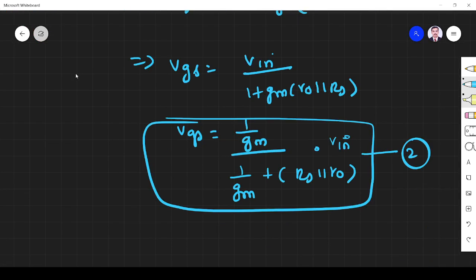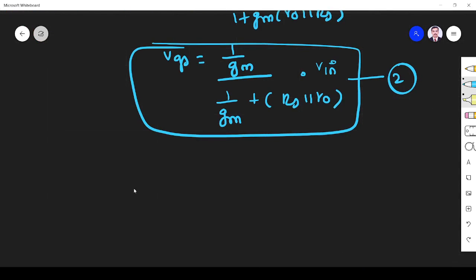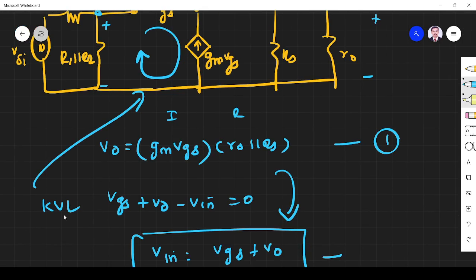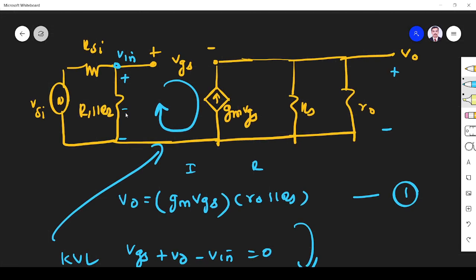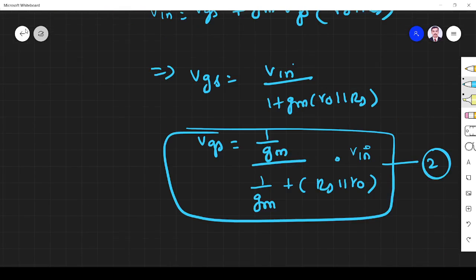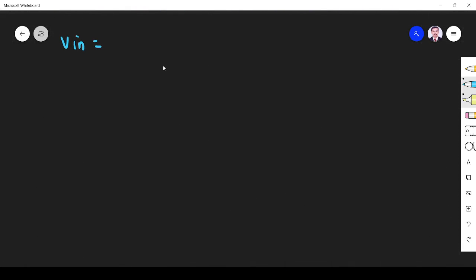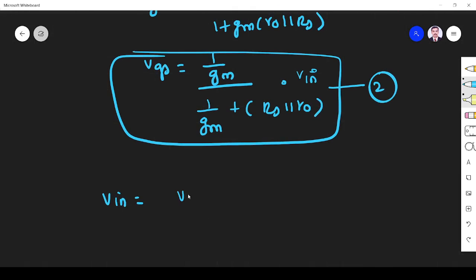Okay, right. So next what we are going to find is Vn. What is Vn? Vn is the voltage across R1 parallel R2. Let me assume R1 parallel R2 is Ri. So Vn is nothing but VSI, the applied voltage, into Ri divided by Ri plus RSI. So Vn is equal to VSI into Ri divided by Ri plus RSI.